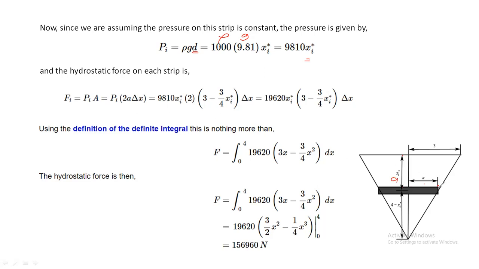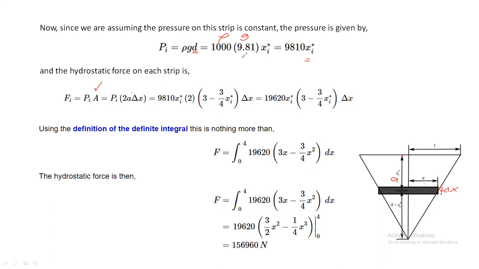This one we have represented to be delta x. So this area that appears in the formula for the hydrostatic force is the area of this rectangular strip, or the differential area. So you have the area now.